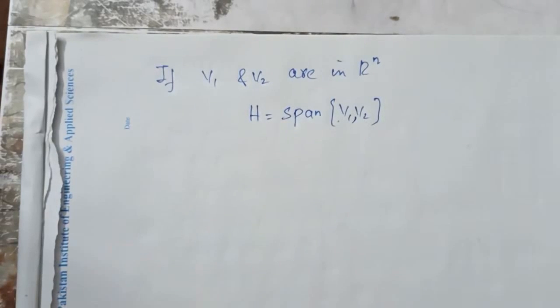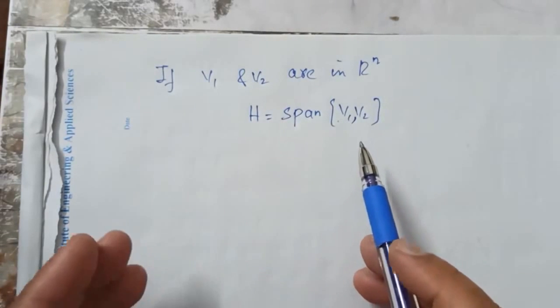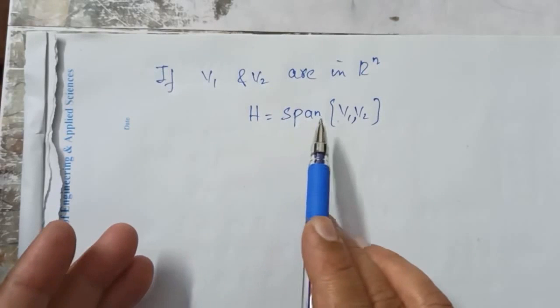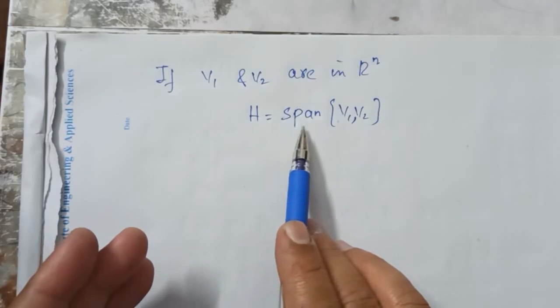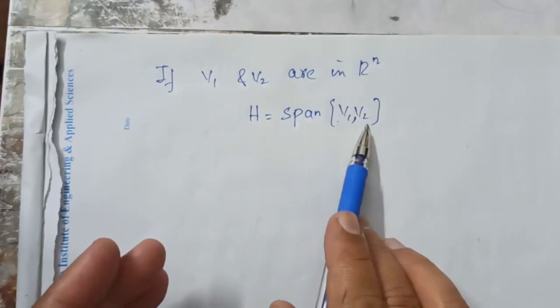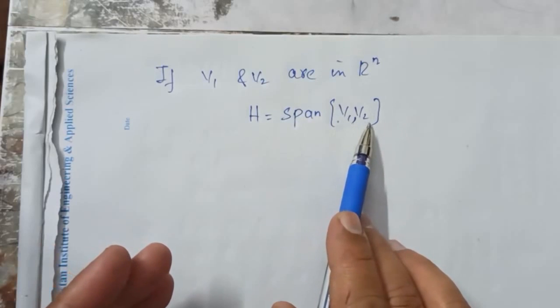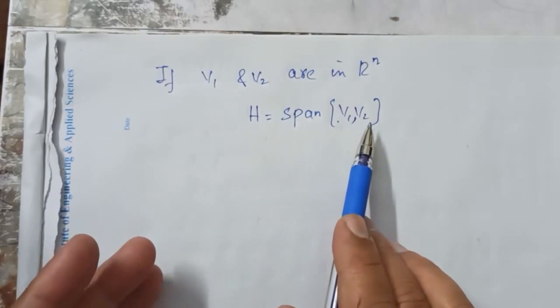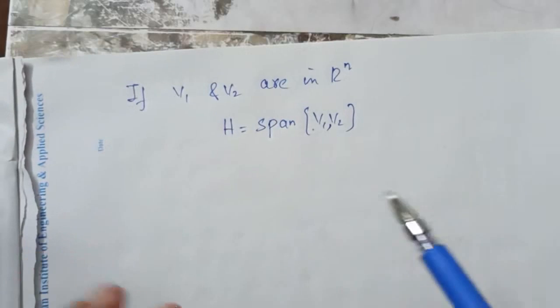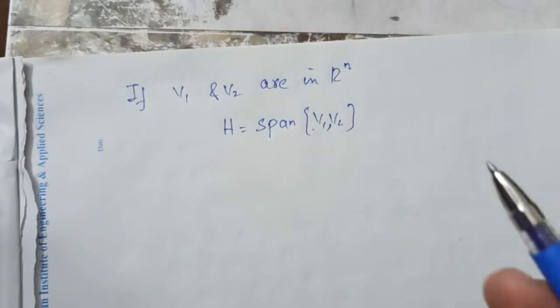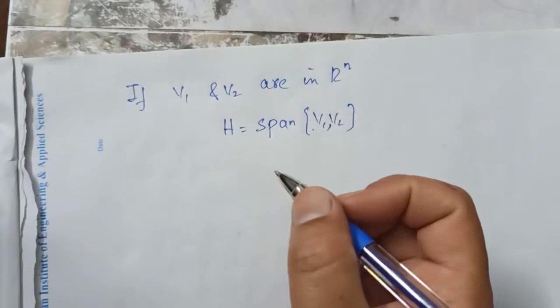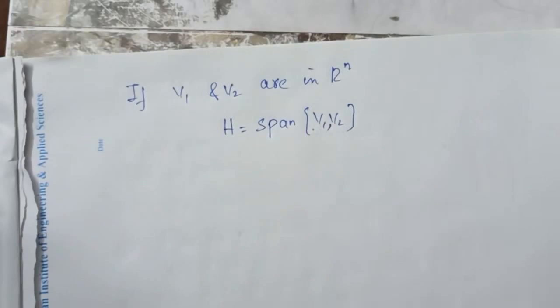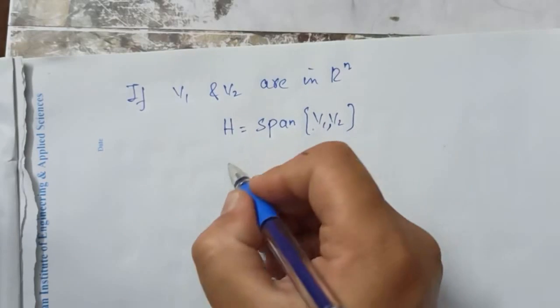We know that a span is nothing but a linear combination of all the vectors v1 and v2. So we know it's a linear combination of v1 and v2.